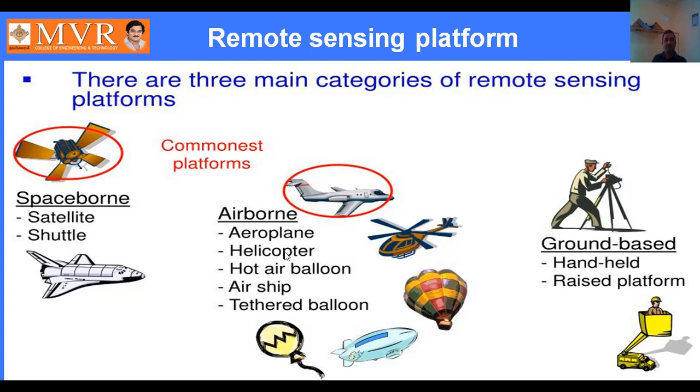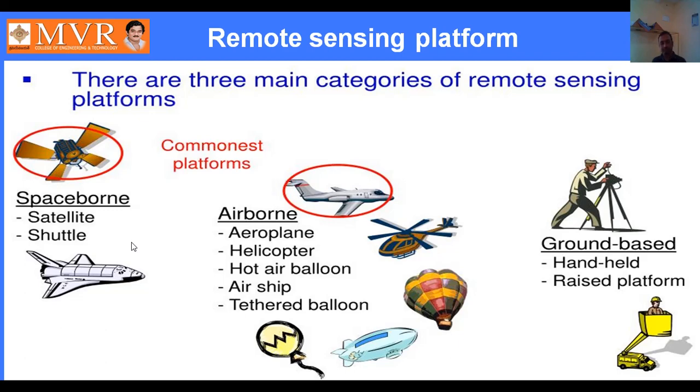Then spaceborne remote sensing. In spaceborne remote sensing they are using shuttles and satellites. Spaceborne platforms include the space station as well as both low level satellites, about 700 to 1500 kilometer, and high level satellites up to 36,000 kilometer.